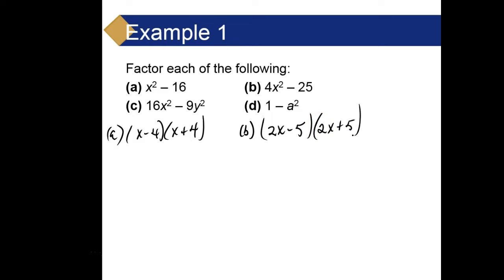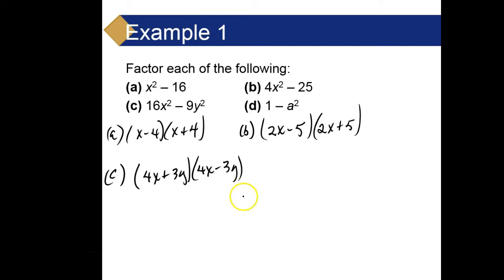Perfect. Y'all are so good. Okay? How about the C one? Can that be done? How? 4x plus, he said plus. Okay, got it first. Well, 3y times 4x minus 3y. It doesn't matter which one you say first.